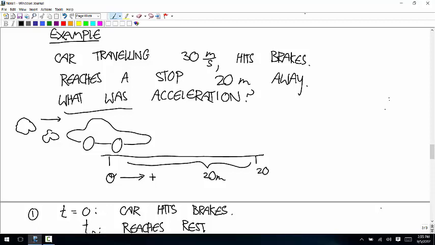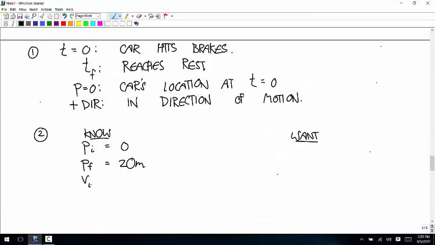Okay, so we know the speed is 30 meters per second. What direction is the car moving, positive or negative? Positive. And so the velocity is positive 30 meters per second. So VI is positive 30 meters per second. I just put the positive on there as a reminder that often you're going to have to supply that sign yourself.